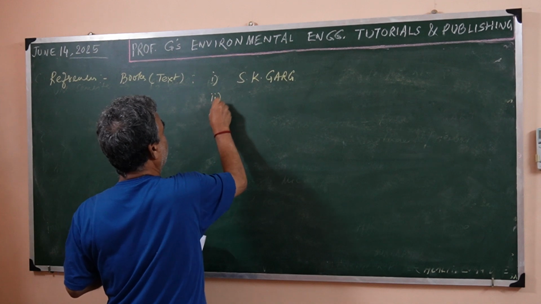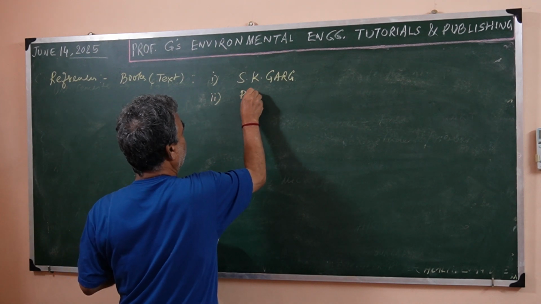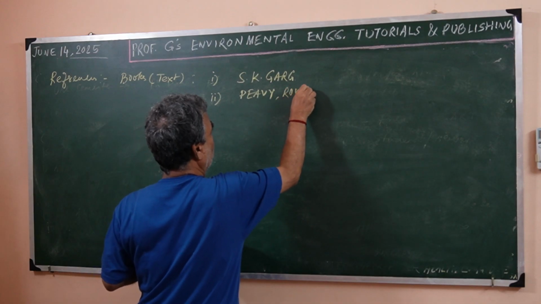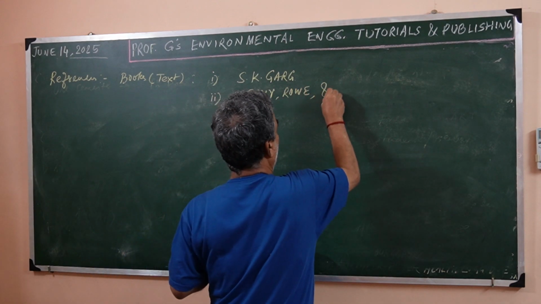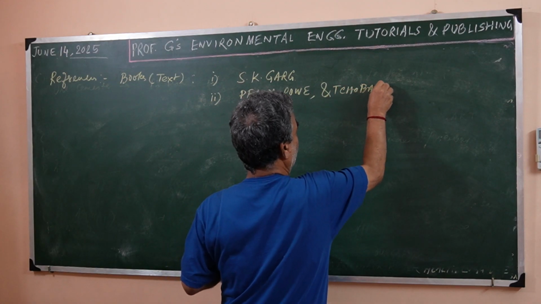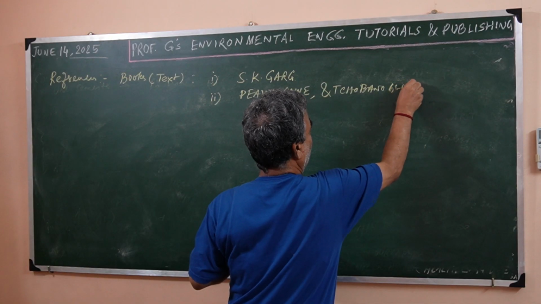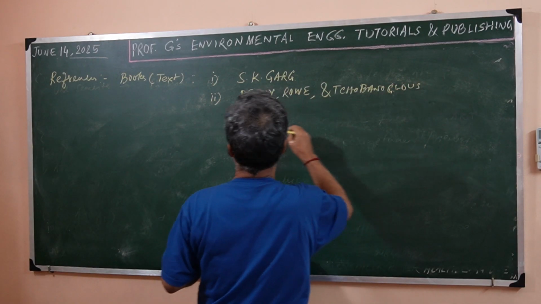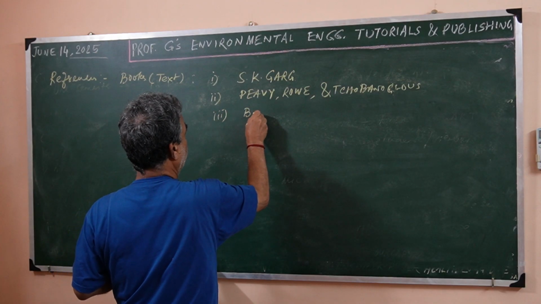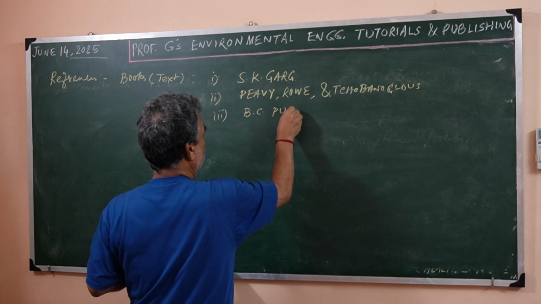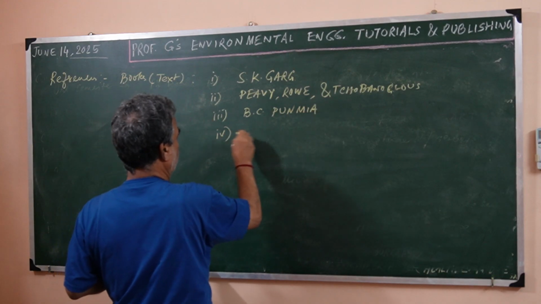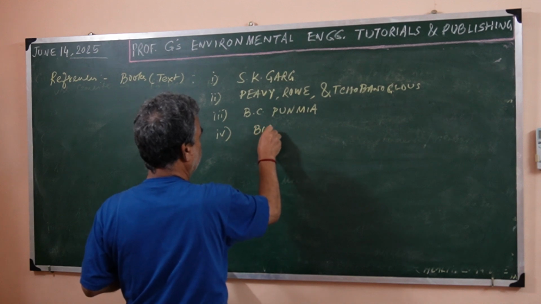Then the second is P.V. Rowe, and Kovanoglas, G. Then B.C. Punmia. Then B.D.